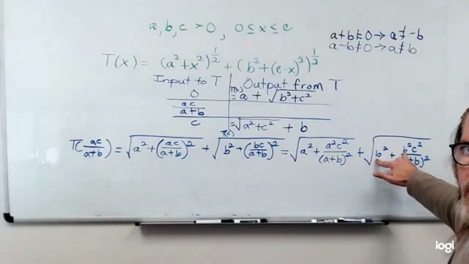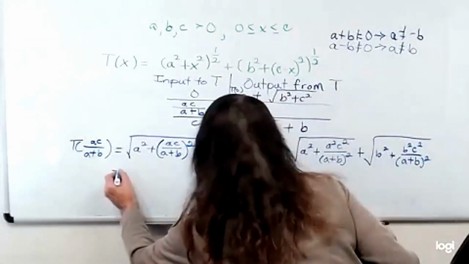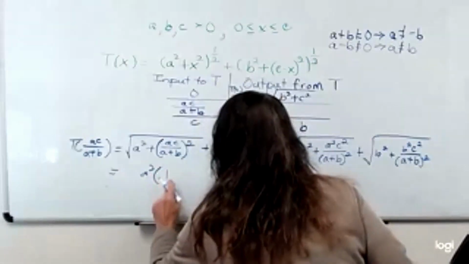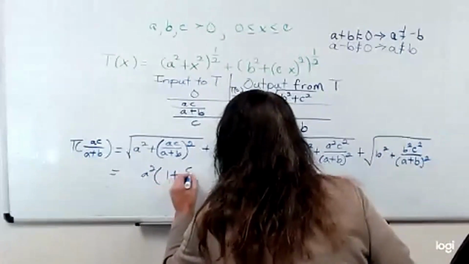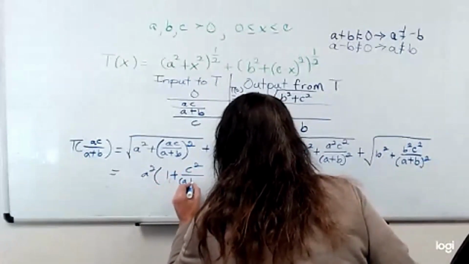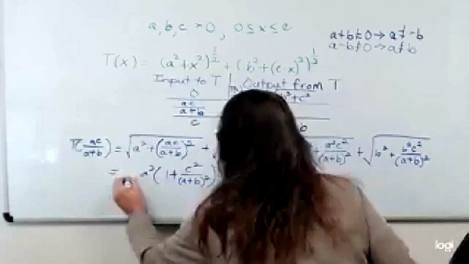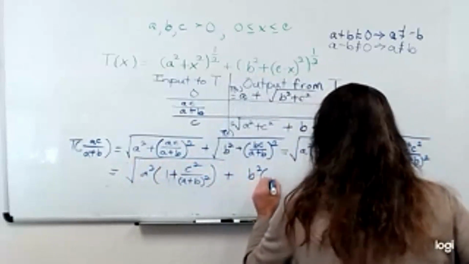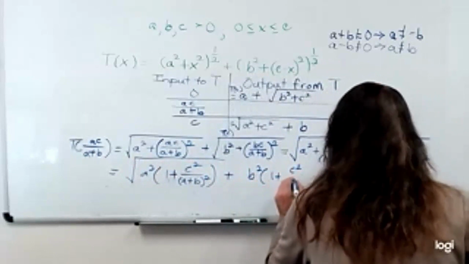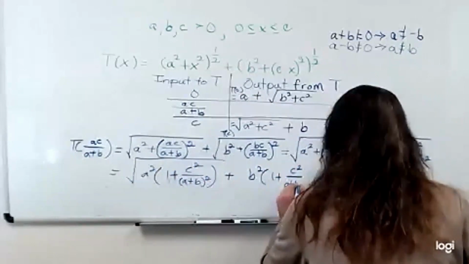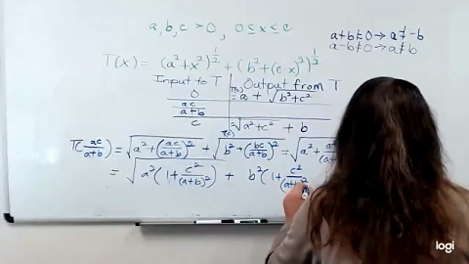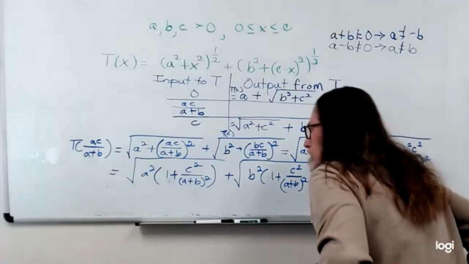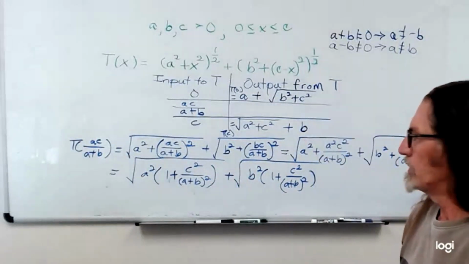And on the second, similarly, b squared. That's starting to look a bit nicer.